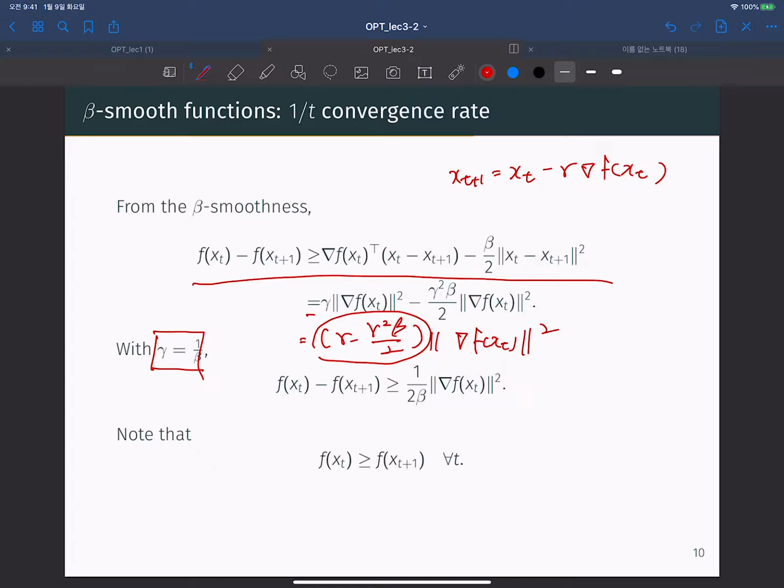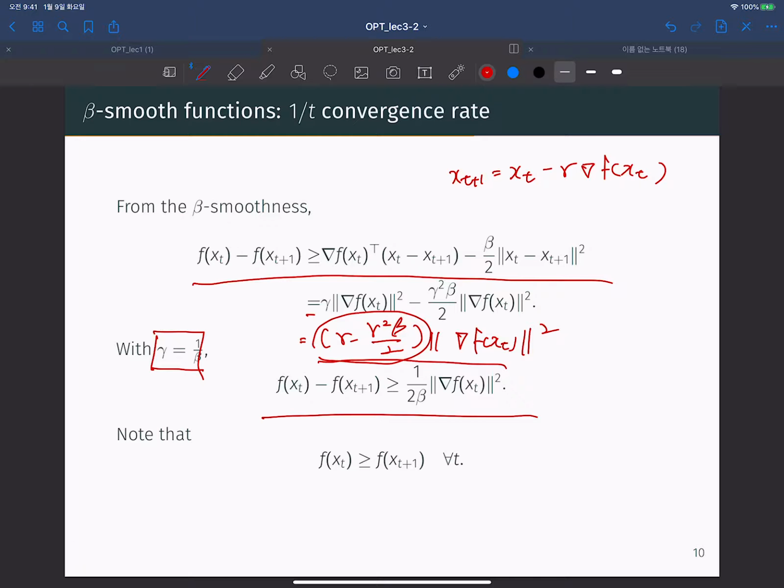So for a beta smooth convex function, we can optimize the right-hand side of this inequality with gamma equal to 1 over beta. And then we have this inequality: f(x_t) minus f(x_{t+1}) is always greater than or equal to 1 over 2 beta times the gradient of f(x_t) normed square.